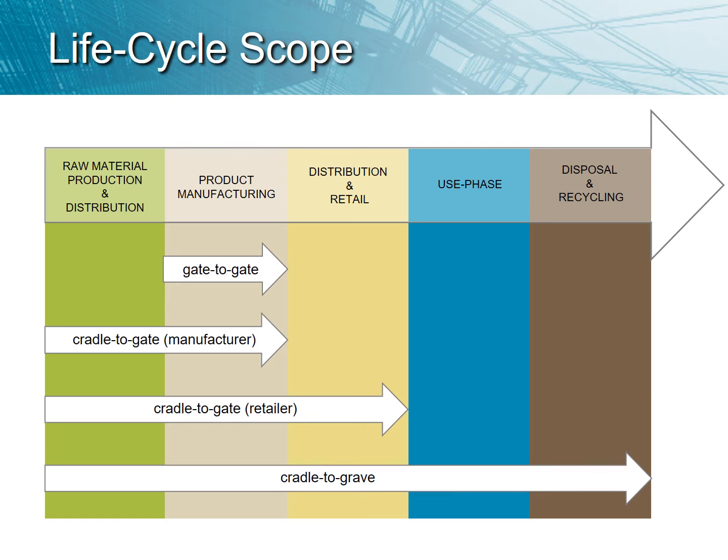Gate to gate only looks at the manufacturing of the material. Cradle to gate, for a manufacturer, would look at the raw materials and the manufacturing of a product. Cradle to grave also includes the material and the disposal. We often see cradle to gate and cradle to grave in these studies.